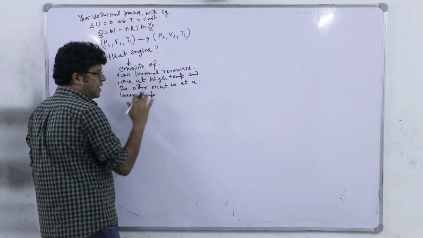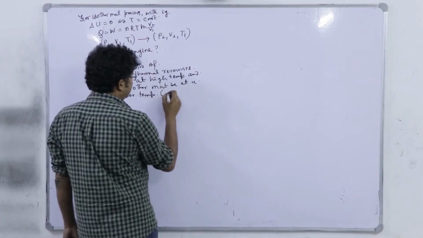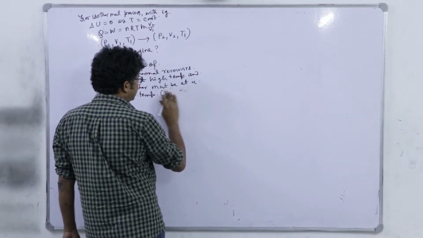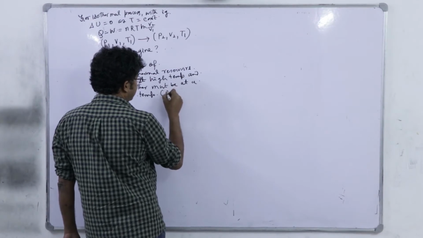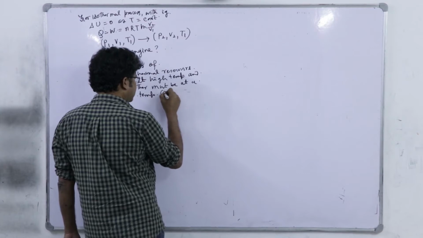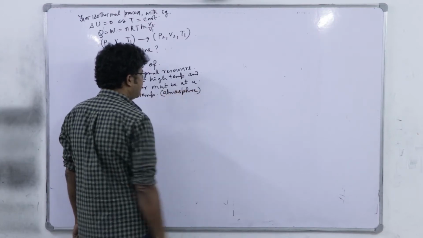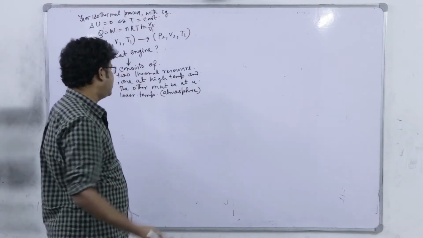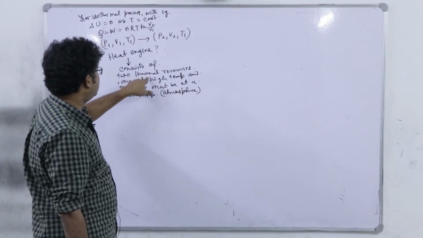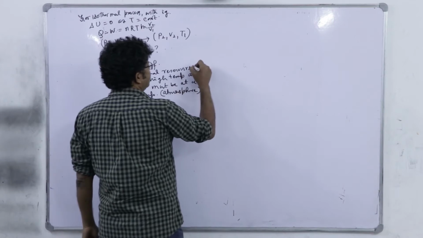And this lower temperature reservoir, universally in all heat engines, is the atmosphere or environment, right, where we discard that heat. Okay? It consists of two thermal reservoirs, one at high temperature, and the other at low temperature. And thermal reservoirs, what are they?